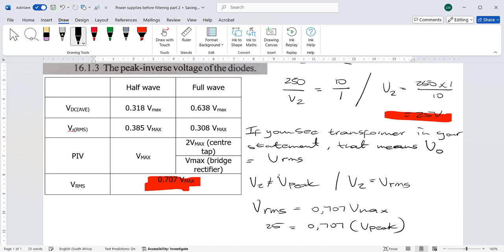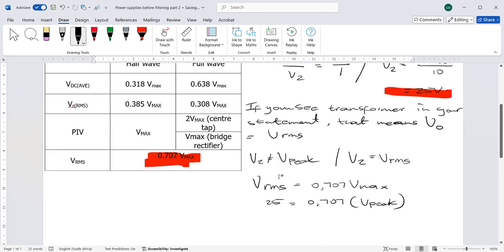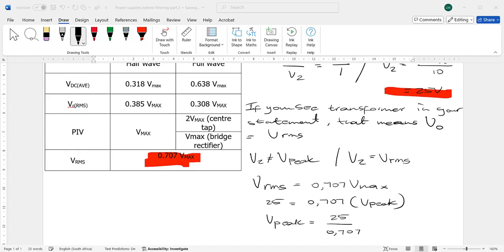So ultimately, our answer becomes V peak or Vmax equal to 25 all divided by 0.707. Let me just get the answer. 25 divided by 0.707.